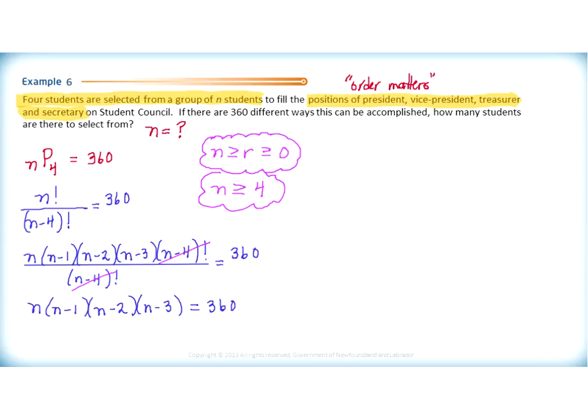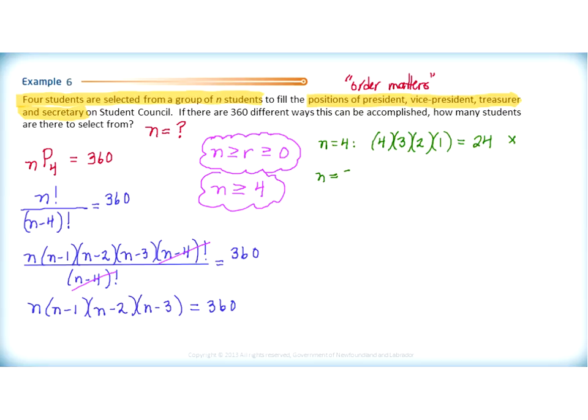So if we begin with n equals 4, then we would have 4 multiplied by 3 multiplied by 2 multiplied by 1. And the product of these 4 numbers is equal to 24. So n equals 4 is not a legitimate solution because we are looking for the product of these 4 numbers to equal 360.